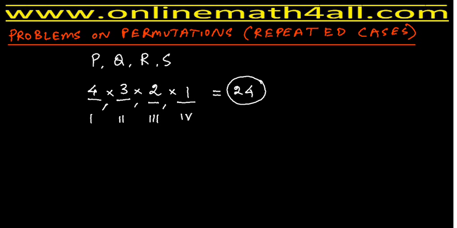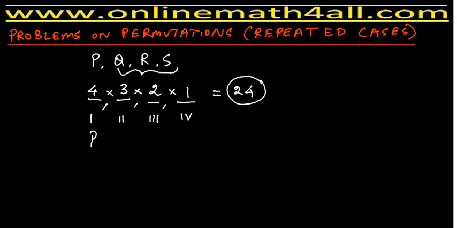And do remember, in any of these cases no letters will be repeated. If we take the letter P in the first blank, again P will not come in the second, third or fourth, because once P is fixed in the first blank, we will have only 3 letters remaining for the second blank. They are Q, R, S. Any of these can be fixed in the second blank.